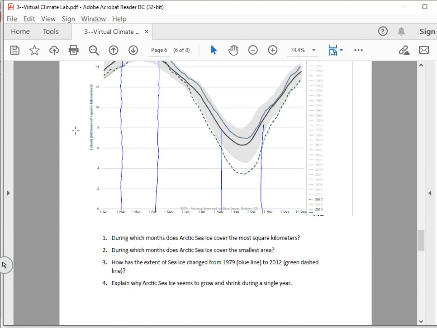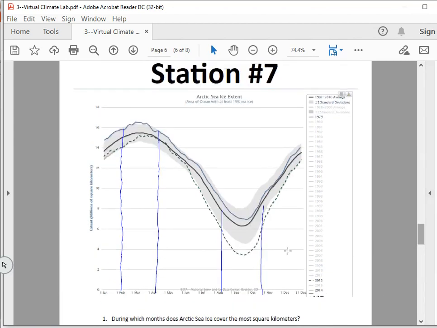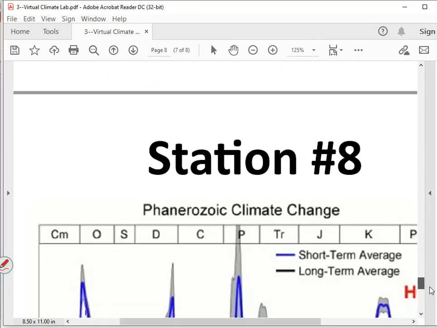Not necessarily June. June is usually warm, but not the warmest month. And the same thing with December 21st is the coldest or the shortest day of the year, least amount of sunlight. We're tilted farthest away from the sun. However, usually it's colder for us in January and February than it is December.